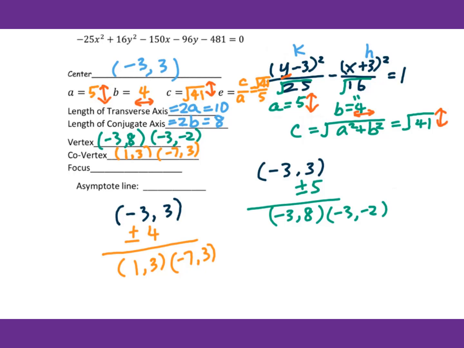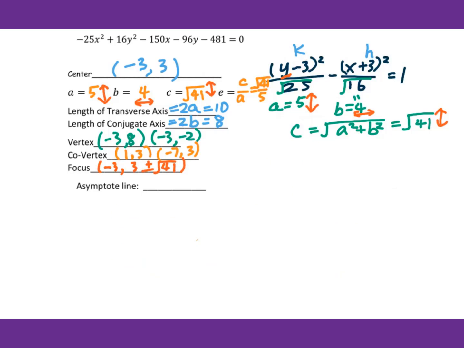For the foci, you need to start from the center negative 3, 3. For c, that's vertical moving. Therefore, you always add to the y coordinate, that's square root of 41. For the foci, you will get negative 3 and 3 plus or minus square root of 41.